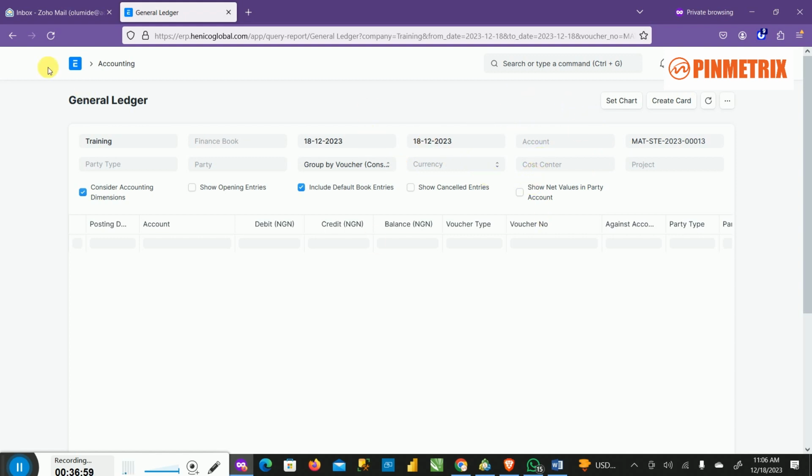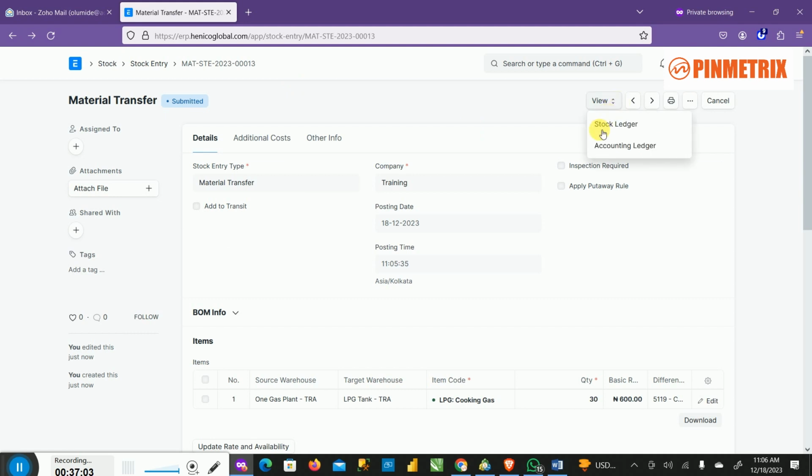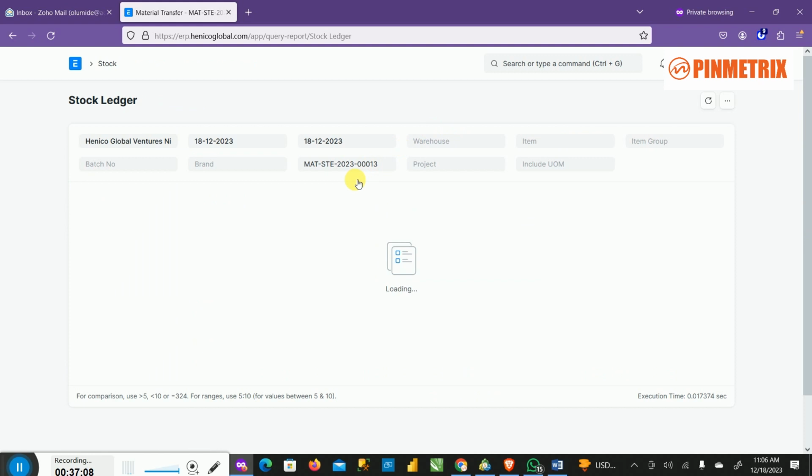I think that's why it's not appearing here again. Let's see this stock ledger. So I expect it now to be inside the LPG warehouse.